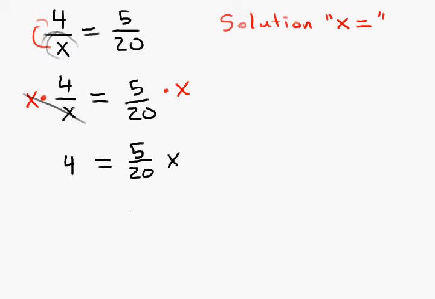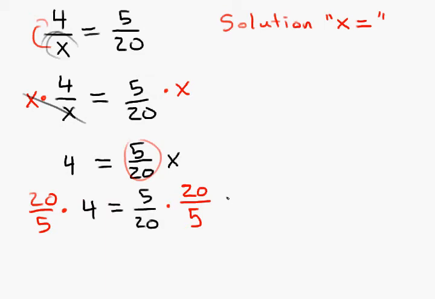Now, we'll just go ahead and multiply both sides of this equation by the reciprocal. That's 20 divided by 5. These cancel. We're left with just x on that right-hand side, which is what we wanted.